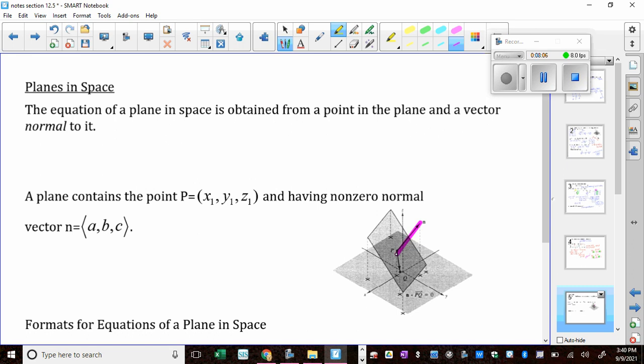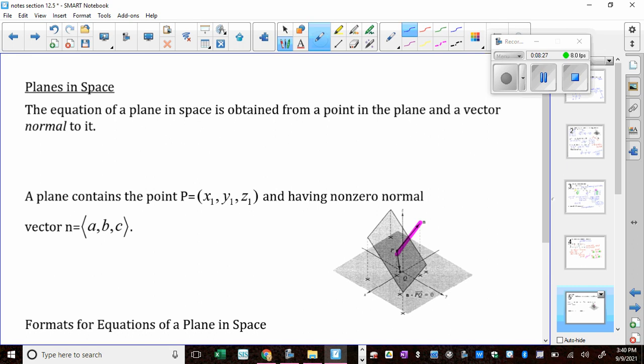Many planes can go through a line, so you cannot use a line to tell the direction of a plane. But if you know a vector, or a line basically, that is perpendicular to your plane, then you know the direction of a plane because it has to butt up against it at a 90-degree angle. I just wanted to mention that here.